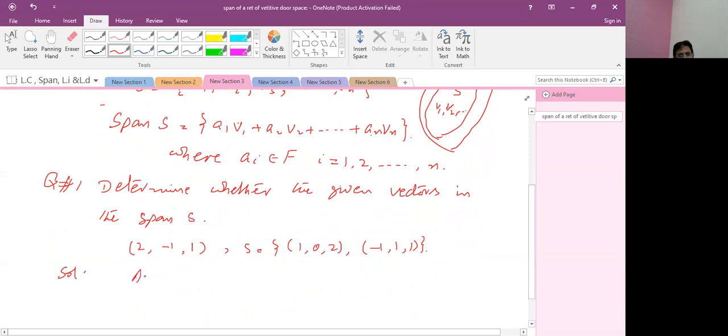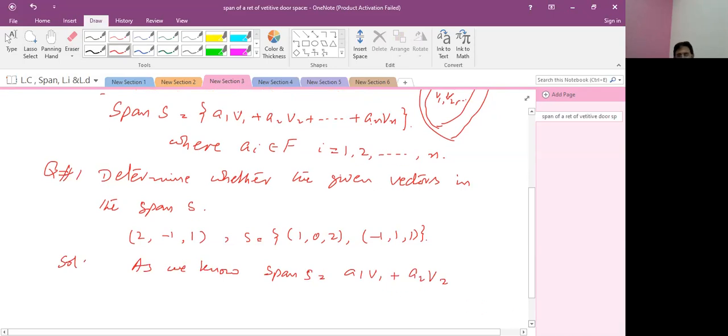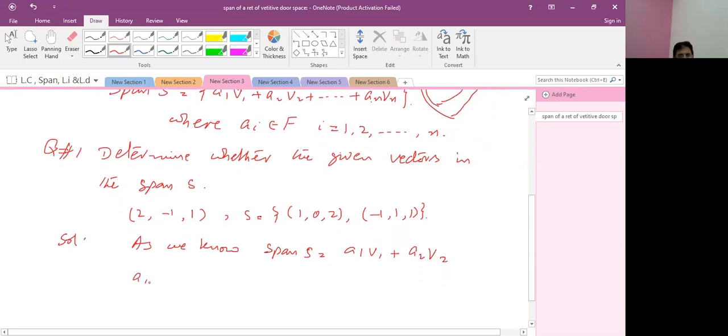As we know, according to the definition, the span of S is equal to a1v1 plus a2v2.